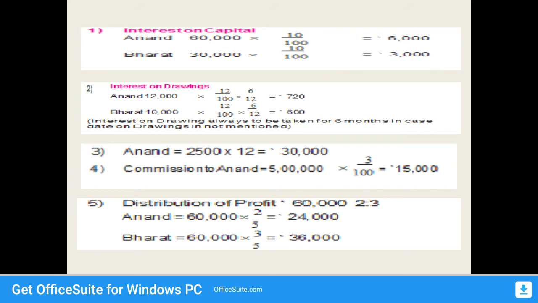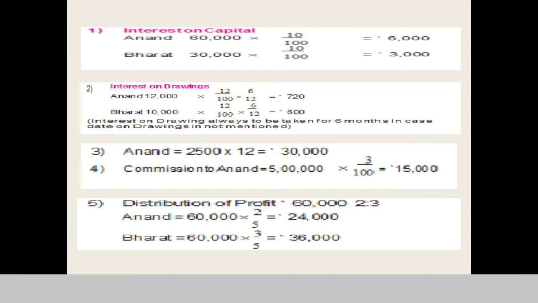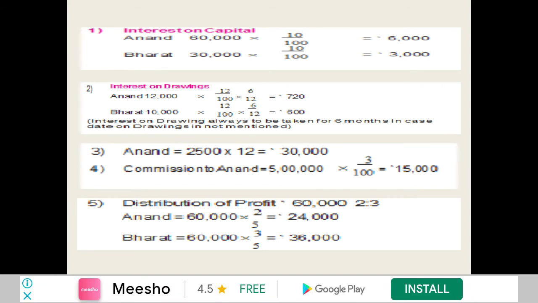Anand's capital 60,000, 60,000 multiplied by 10 divided by 100 is equal to 6,000. Bharat 30,000 multiplied by 10 divided by 100, 3,000. These are the working notes for the adjustments. Second, interest on drawing. Anand's drawing 12,000, 12,000 multiplied by 12 divided by 100 multiplied by 6 divided by 12 is equal to 720.